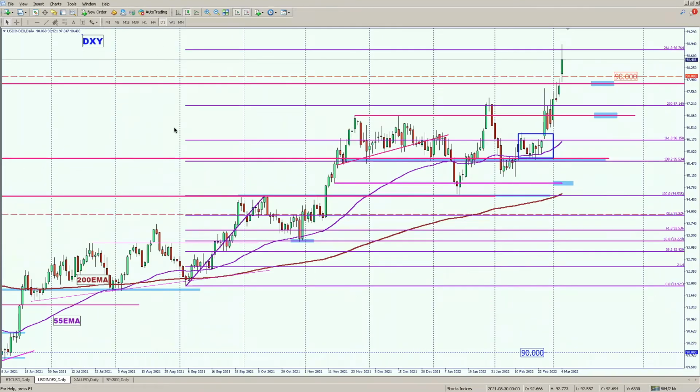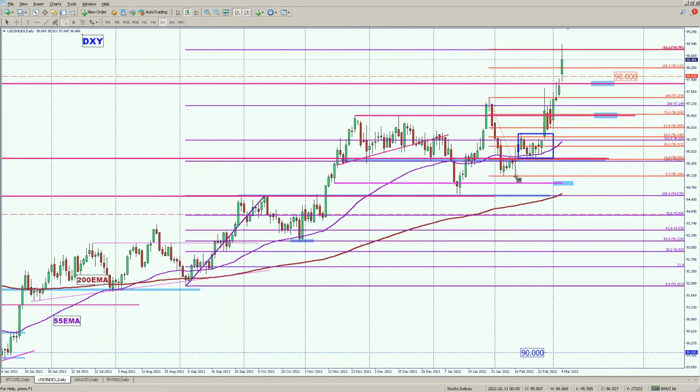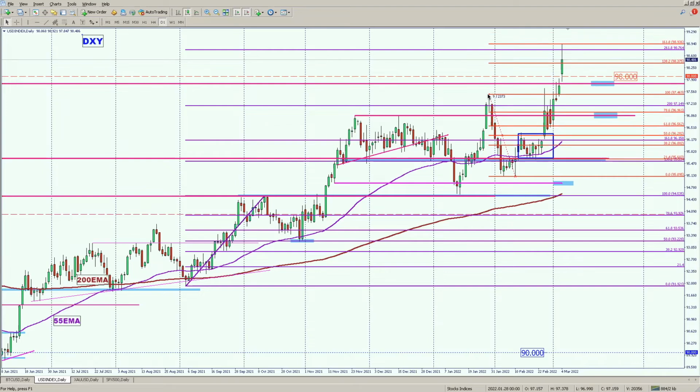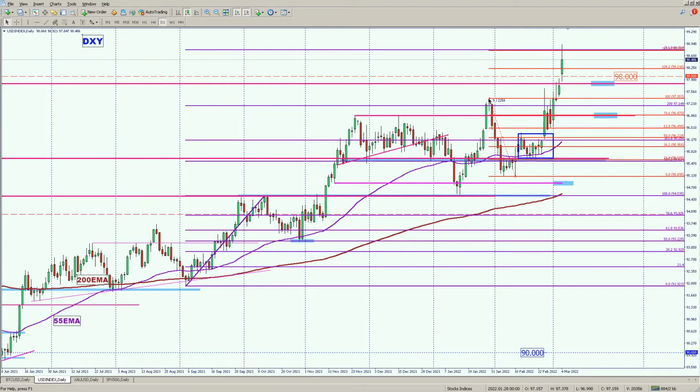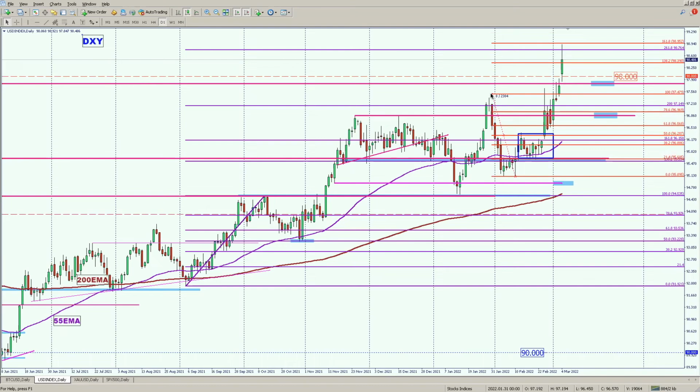Okay, going back to the daily time frame. If we take a look at a reversal move here, a recent reversal move for the last week, there's a confluence here with the 162 fib reversal, also confluence with the 262 fib.